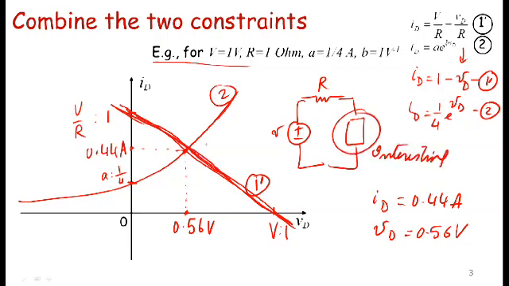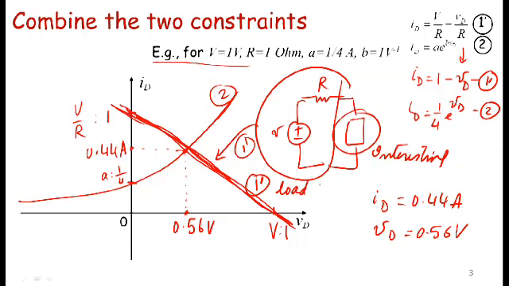This line is the constraint imposed by the Thevenin equivalent, and you can see that from equation 1 prime. There's a name for this line. It is called the load line. You will see more reasons for this later, but this line is called the load line.